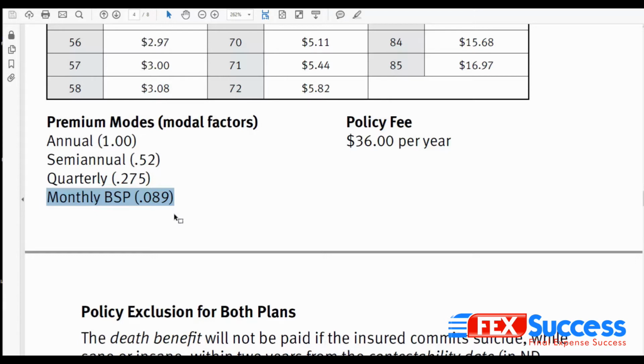On the calculator, I got 29.1564, and we're going to round that to 29.16. So the monthly premium on bank draft for this person is going to be $29.16. That is method one.